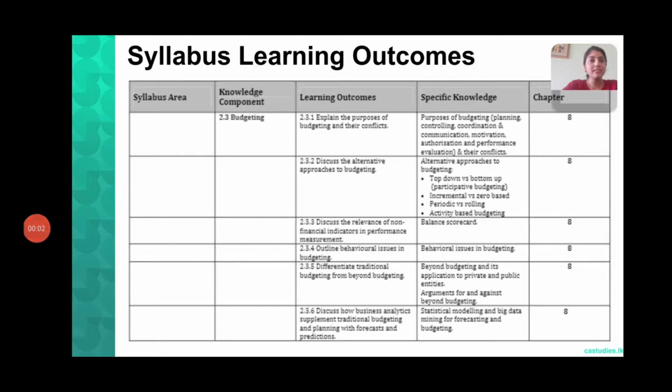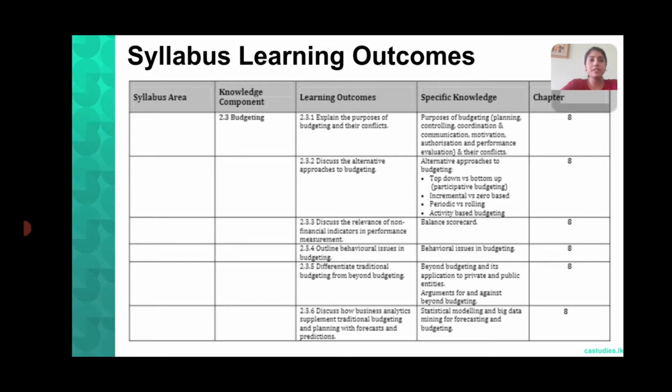Okay, let's learn the next knowledge component, 2.3 budgeting. Budgeting is a very common theory in management accounting, and that is why it's covered in here as well.